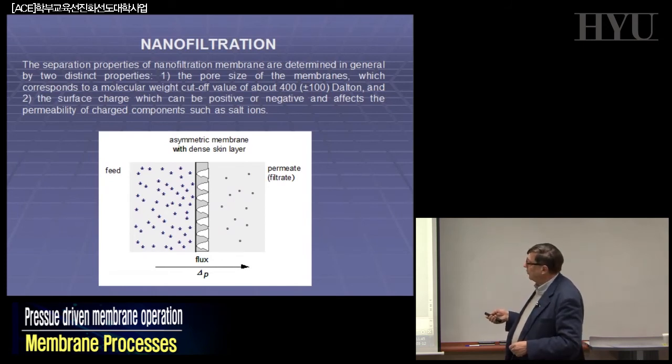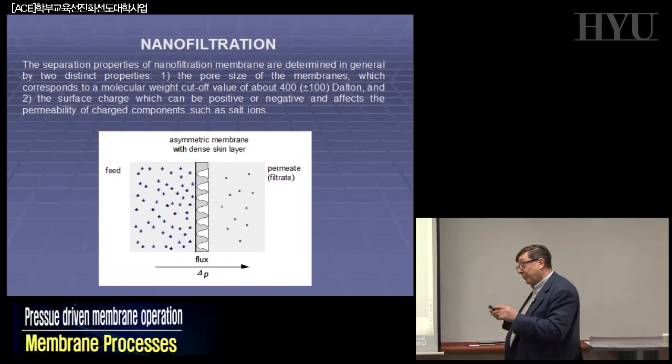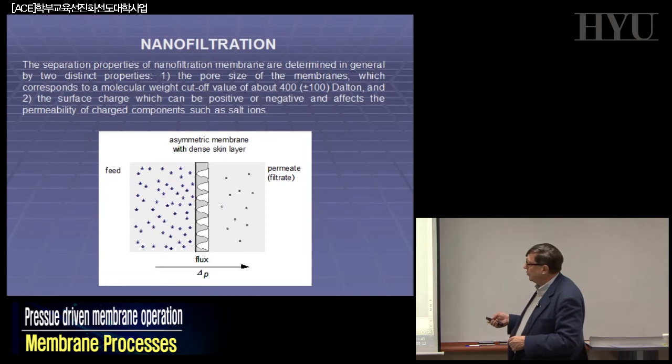First of all, these are also asymmetric membranes, but before we were still talking of a relatively porous skin, 0.1, 0.2 microns. Here now you have a skin which is relatively dense, approaching reverse osmosis. Not just as reverse osmosis, but approaching it. So we have now a system that is asymmetric with a dense skin layer.